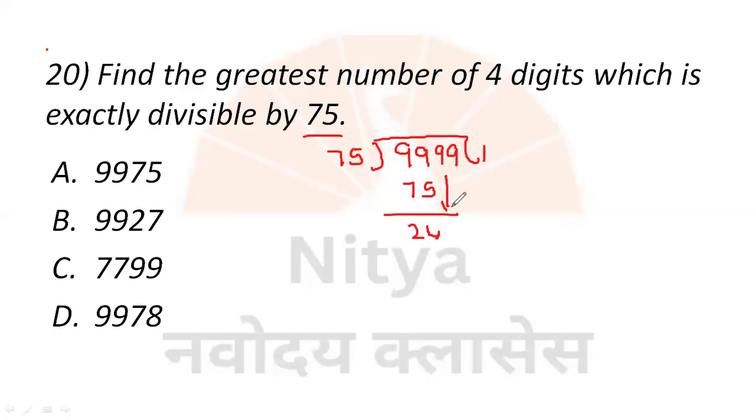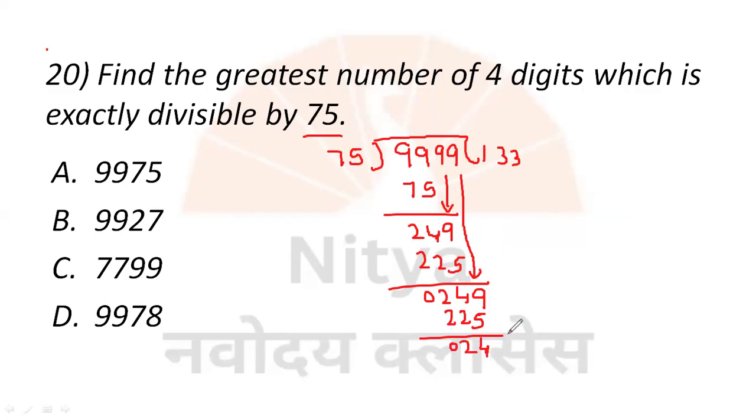And you have to bring down 9, and 75 threes are 225. So you have to subtract: 9 minus 5 is 4, 4 minus 2 is 2, and 0. You have to bring down 9. So 75 threes are 225. So again the remainder is 4, 2 and 0. So what you get is the remainder 24.